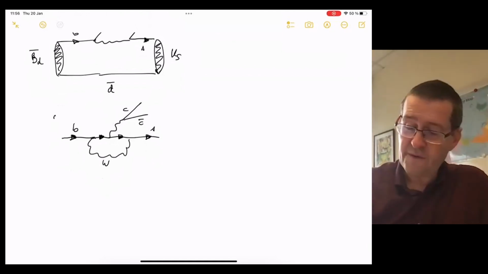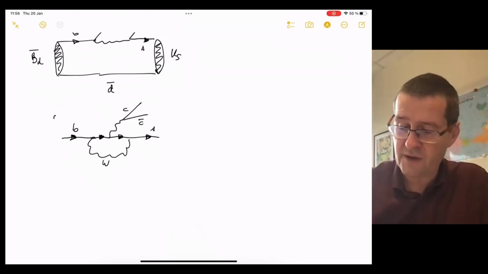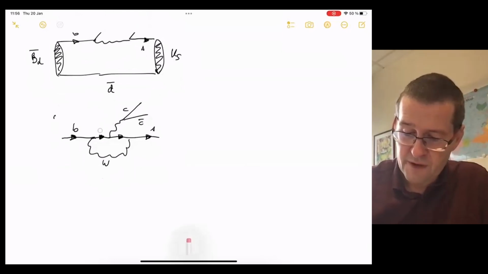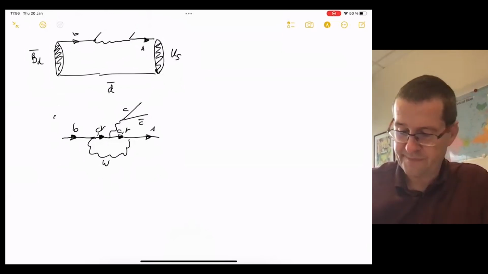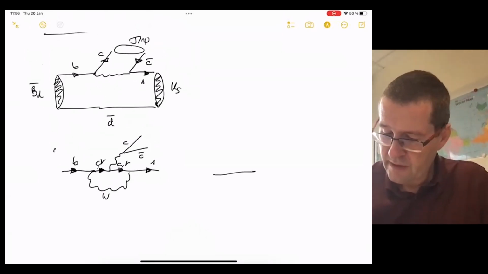And then I can have up-type quarks here. And so I'm going to make the distinction or the discussion between the case where you got C or T here, or you've got the U.